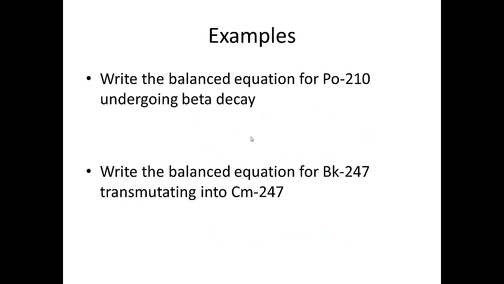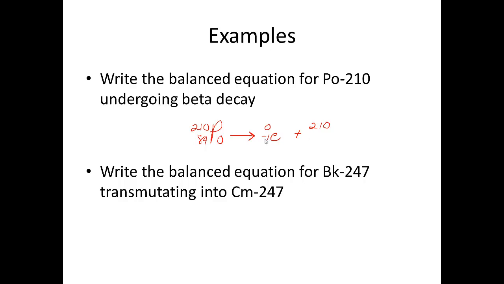Okay, so what do I have here? Polonium 210. And again, we're going to have to look up the atomic number, and polonium is 84. What's it doing? It's undergoing a beta decay. So top, that's 210. Then over here, we have to make sure it's a negative 1.